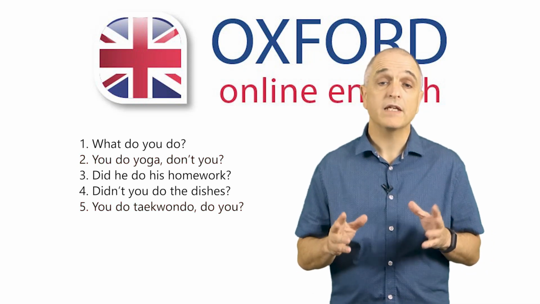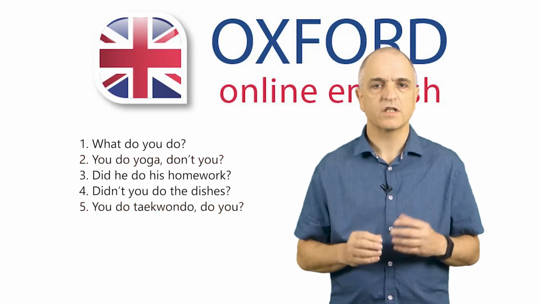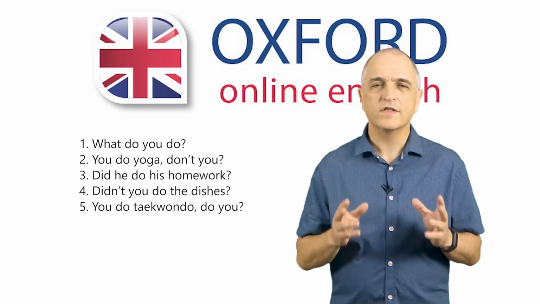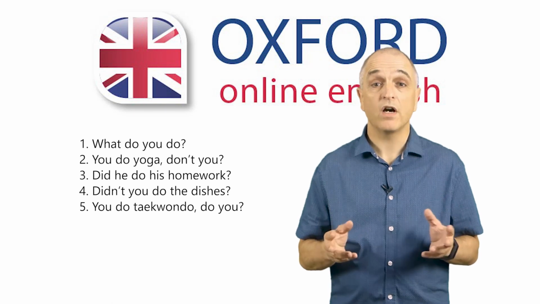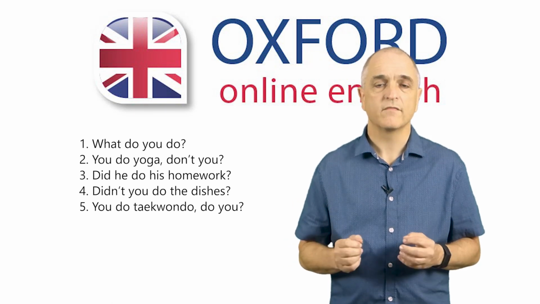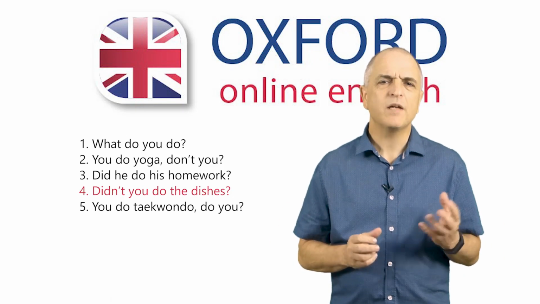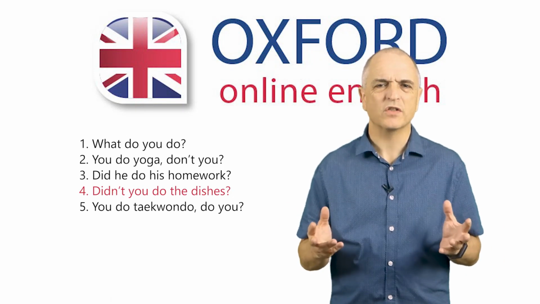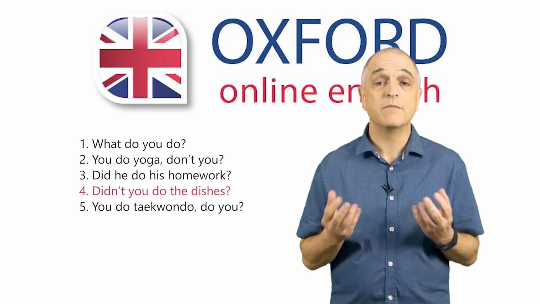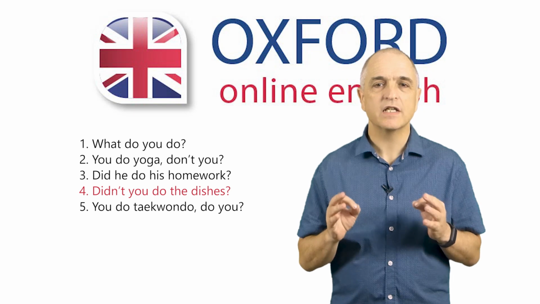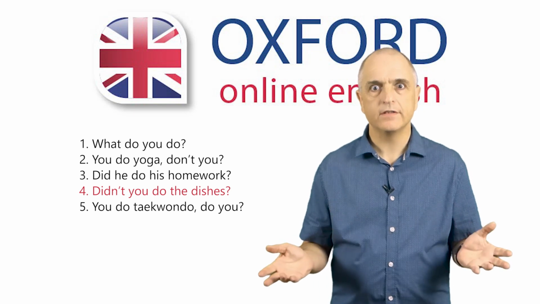You can also make negative questions, starting with don't, doesn't, or didn't. You use these to express surprise or frustration. Question 4 is an example of this. Like number 5, this isn't a real question. You use it to express an emotion. When you use negative questions, intonation is important. Didn't you do the dishes?